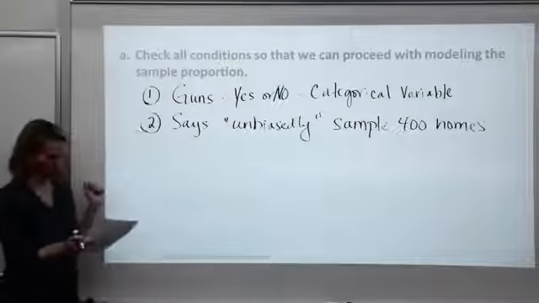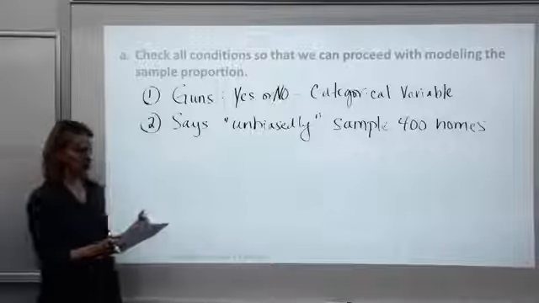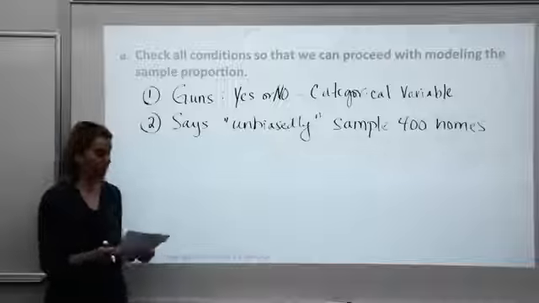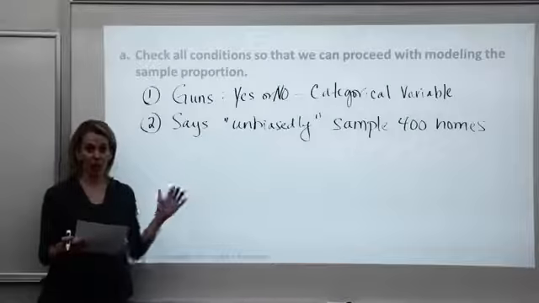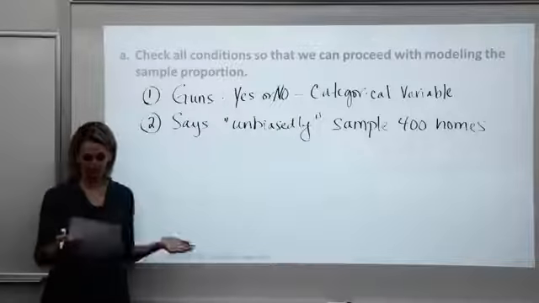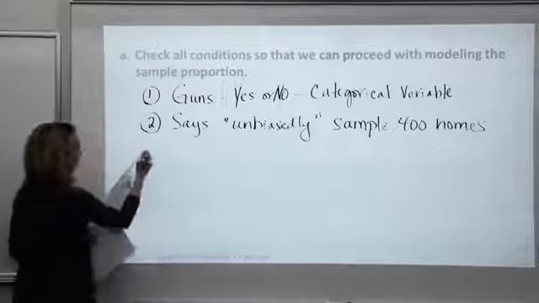So the first 2 conditions hold. The next condition was that your sample size has to be less than 10% of the population. We're sampling 400 homes in Cecil County. That would certainly be less than 10% of all homes in Cecil County.